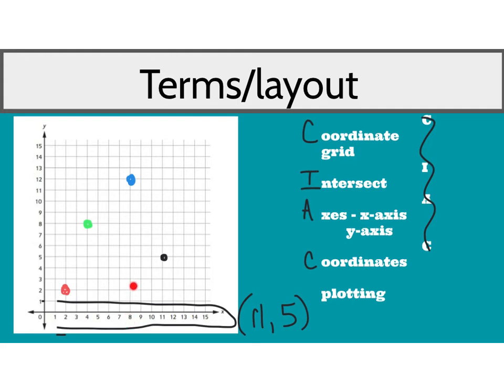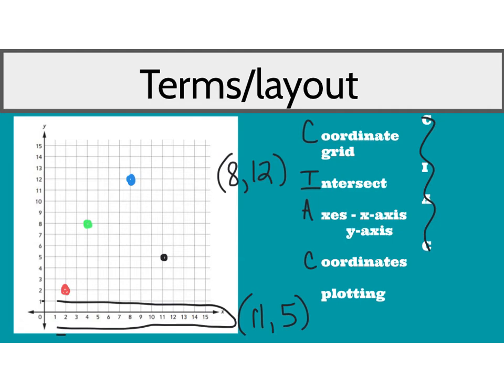And then we're going to travel all the way up here and 12. So if I were going to write my coordinates or my ordered pair, I would write 8, comma, 12. If we look at the blue, we would label that 8, comma, 12.